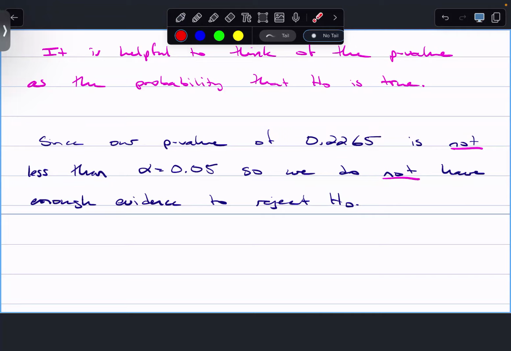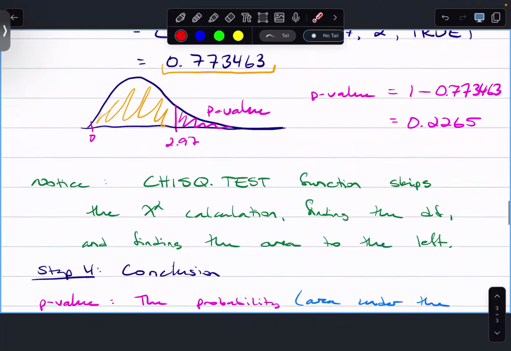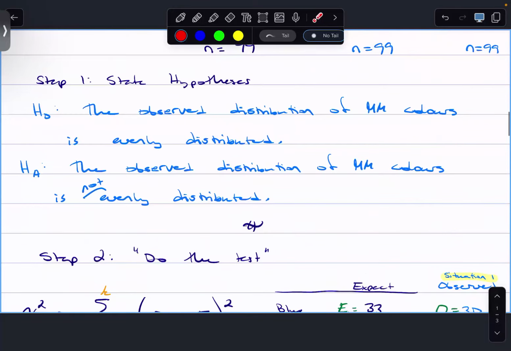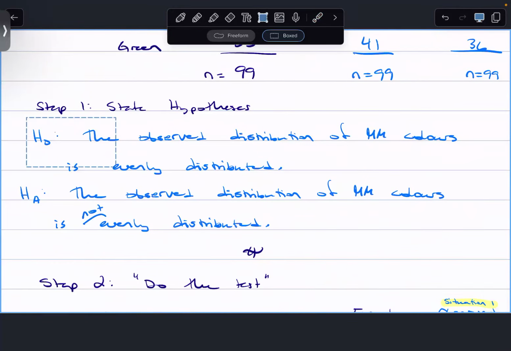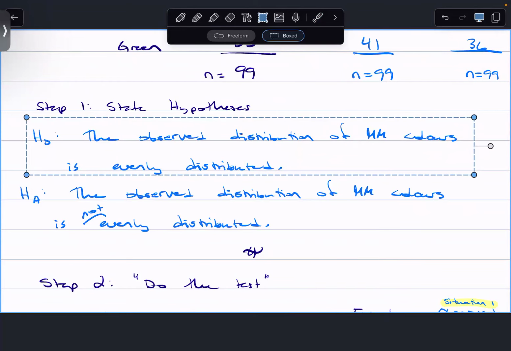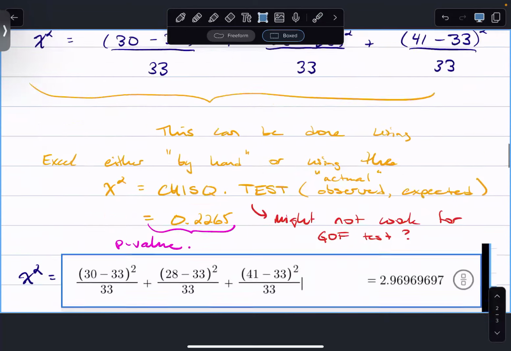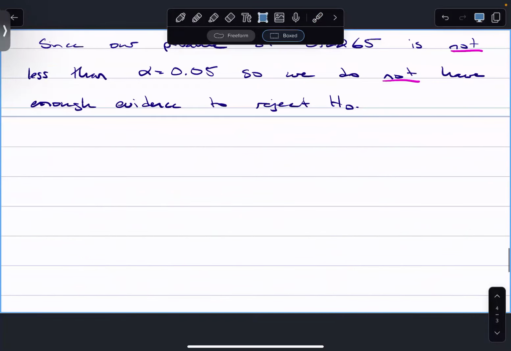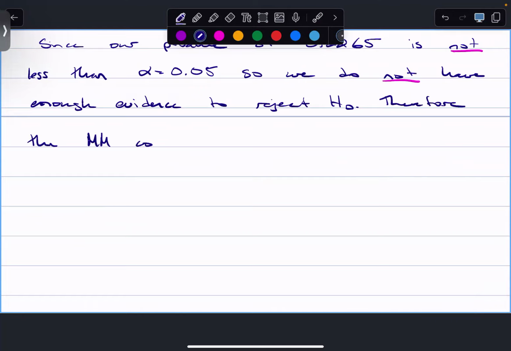How did I write my null hypothesis? The observed distribution of M&M colors. Maybe I'll just write it out. Therefore, the M&M colors are evenly distributed.